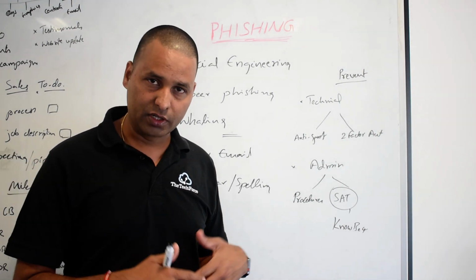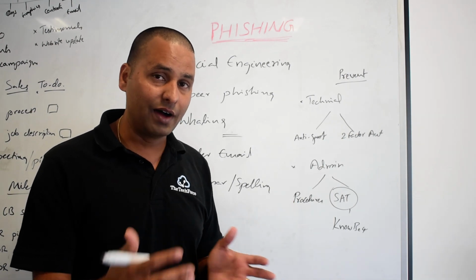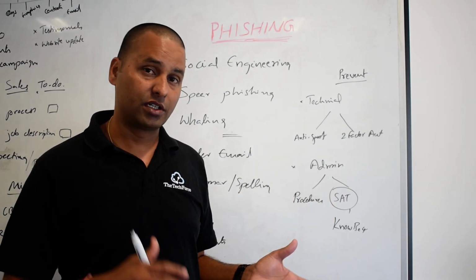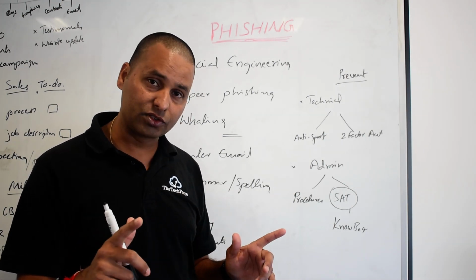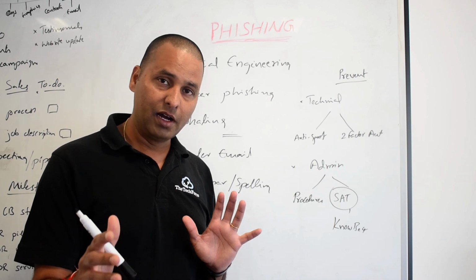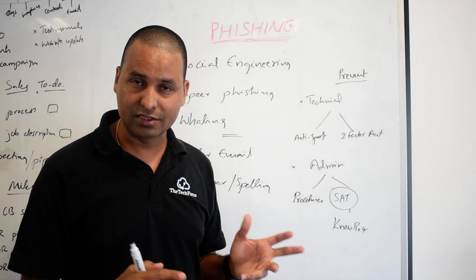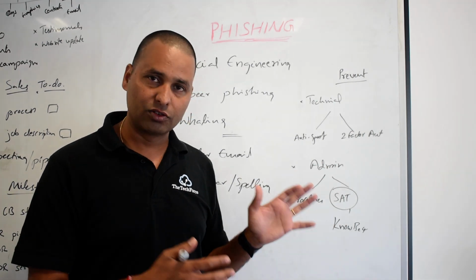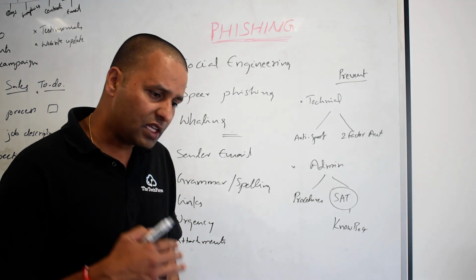For example, if your company is Microsoft, they might put an L instead of an I, or a 0 instead of an O, and register a domain that looks like Microsoft.com. I will leave a link to our blog on this video, where you can check some examples and the text of what I'm explaining here.